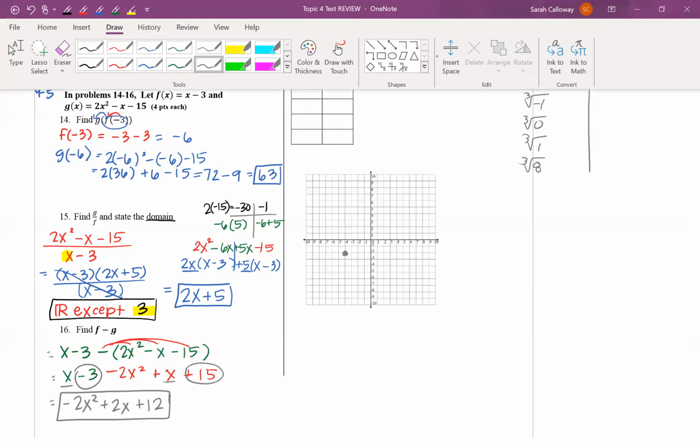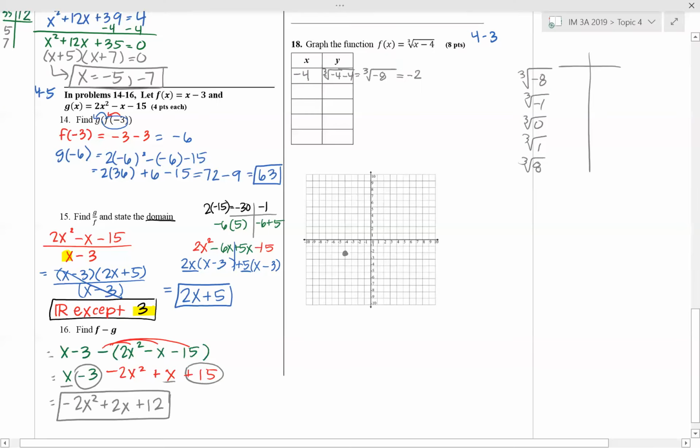Then I want the inside of the radical to be -1. So that means that I need to have a 3. 3 minus 4 makes -1, so the cube root of -1 is -1. So my next point is going to be (3, -1).